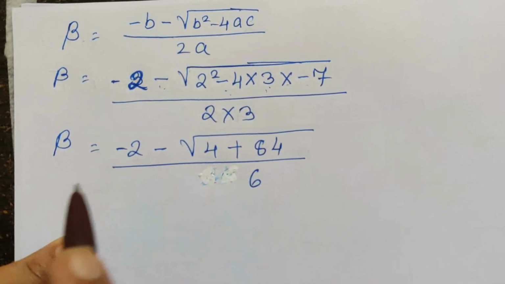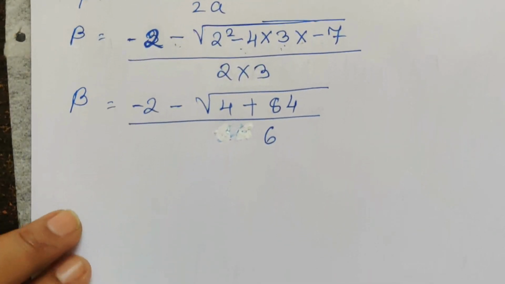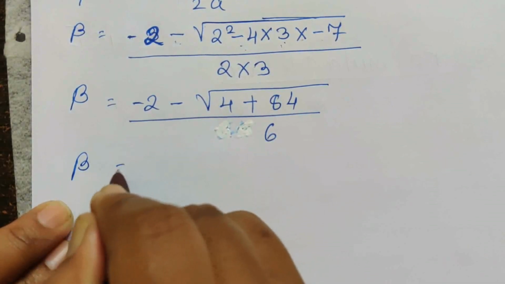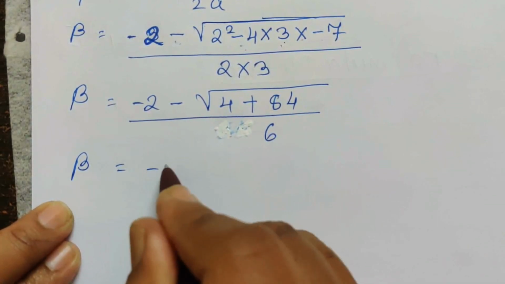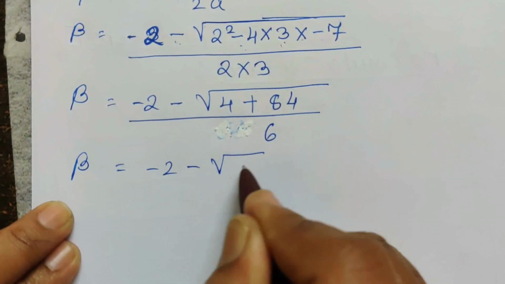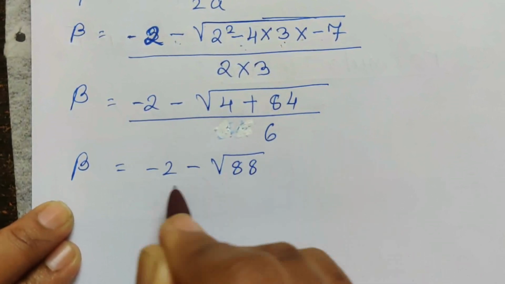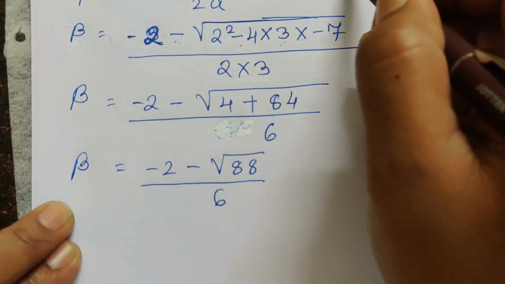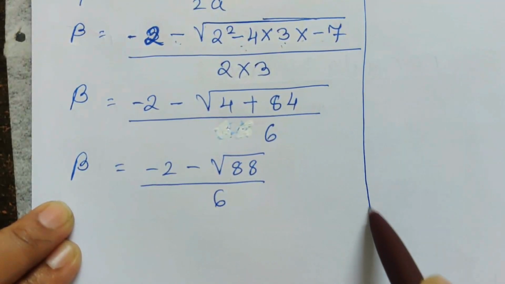So same calculation it is. Beta is equal to minus 2 minus under root 88 upon 6. Remaining example I will solve this side.